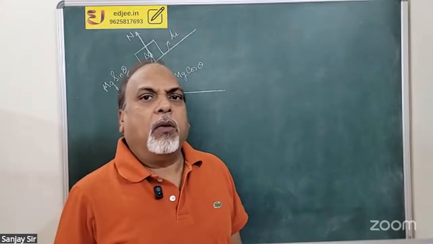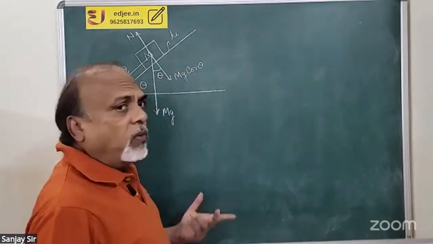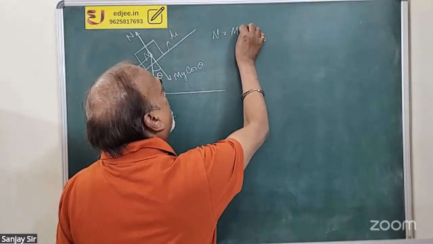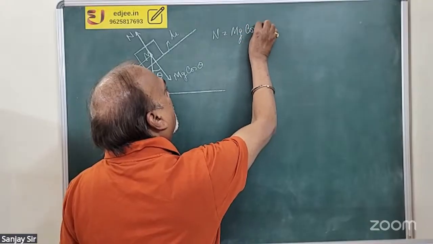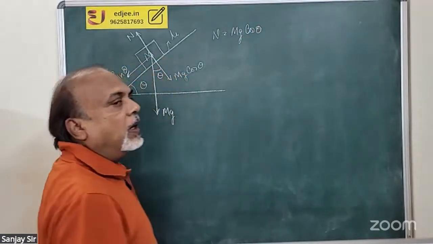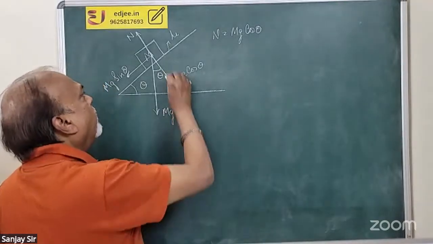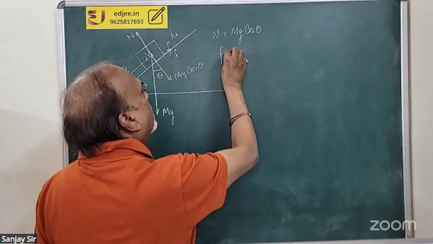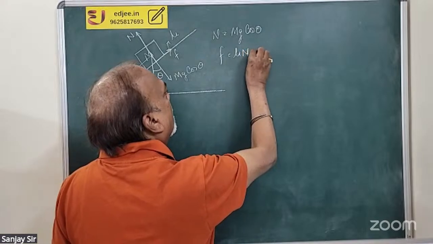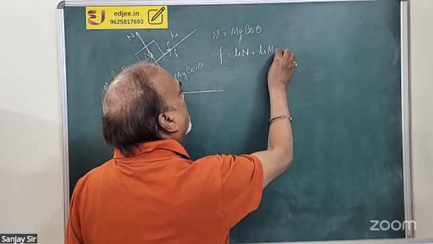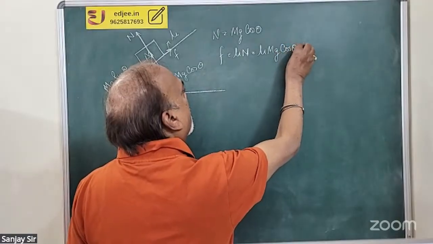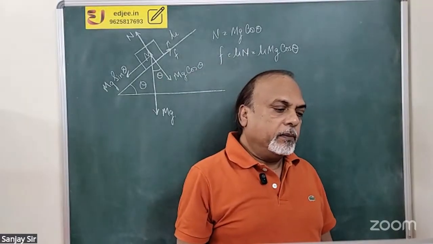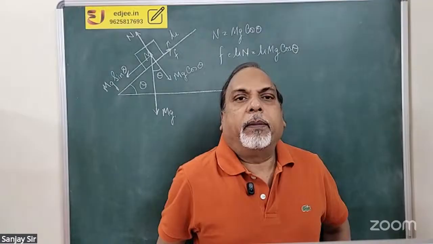Then now what to do? Here, normal force we can easily find out. N is nothing but mg cos theta. Correct? So frictional force, suppose we assume this is acting like this, the friction force is nothing but mu N or mu mg cos theta. Correct?